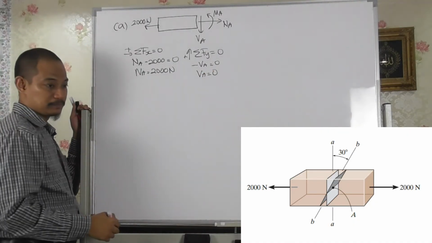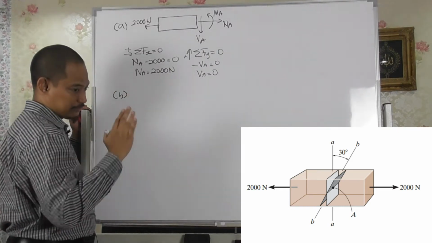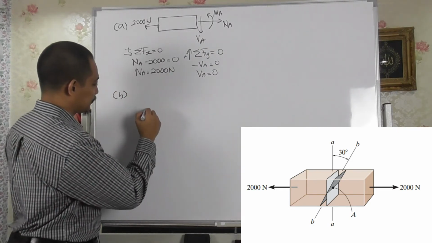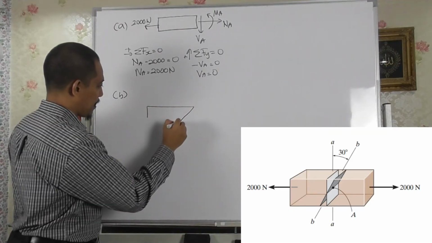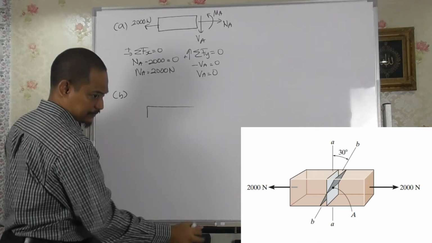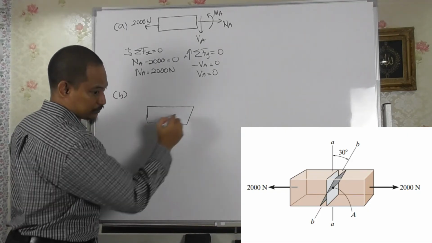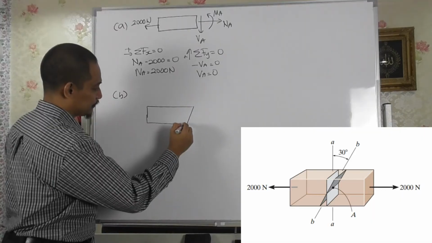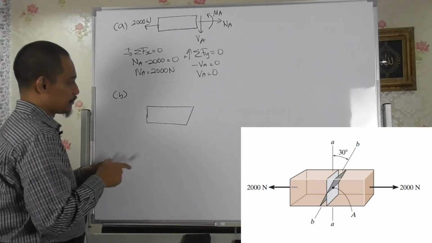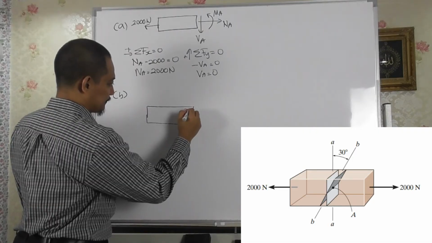There you go. Okay, so for part B, if it's slanted that way, is it too extreme, this one? Okay, it's 30 degrees, right? So slanted 30 degrees, so basically this is 30 degrees.